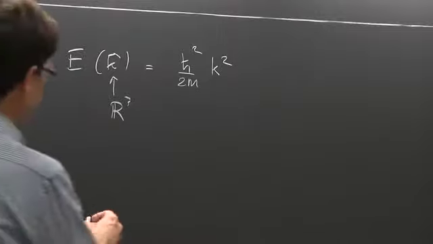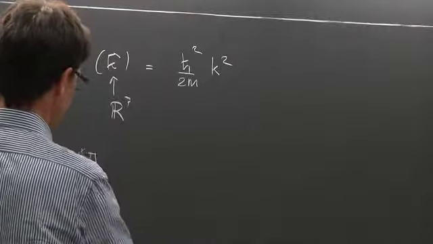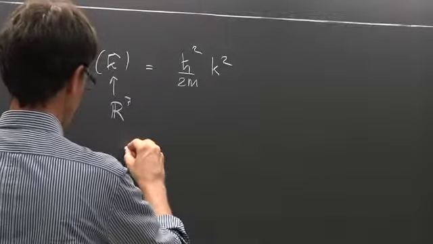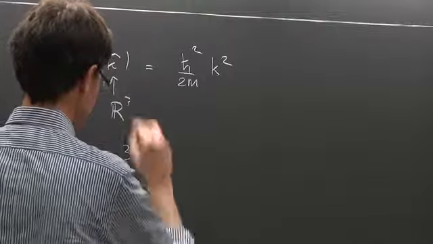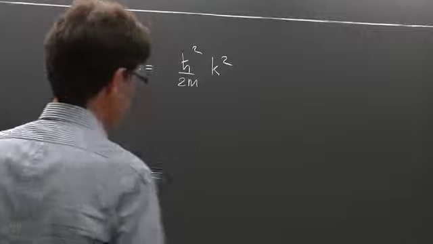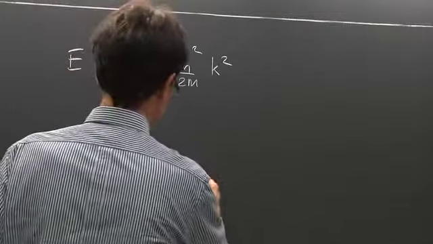So we only have to impose that the volume of this sphere, which is 4/3 pi k_F cubed, where k_F is the vector corresponding to the last occupied state, be equal to 1/2 the size of the Brillouin zone.